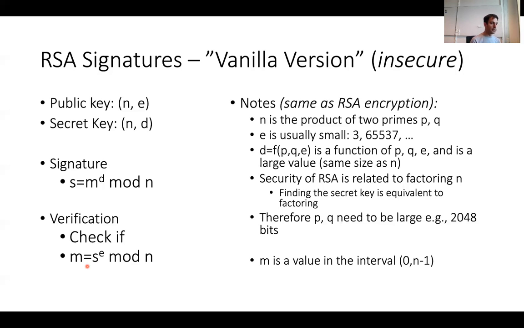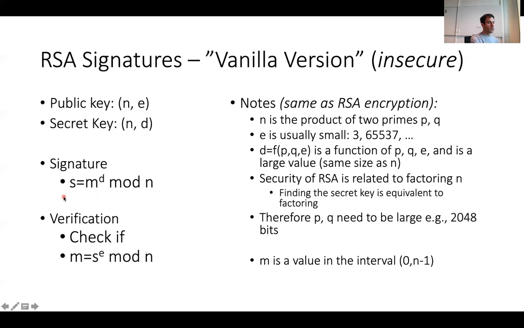But it's not true in general that signing is equal to decrypting and verifying is equal to encrypting. This is only true for RSA. It's a coincidence in RSA, or rather, it's due to the nature of the RSA function. But this is not true in general. So please don't think of signing as the opposite of encrypting.